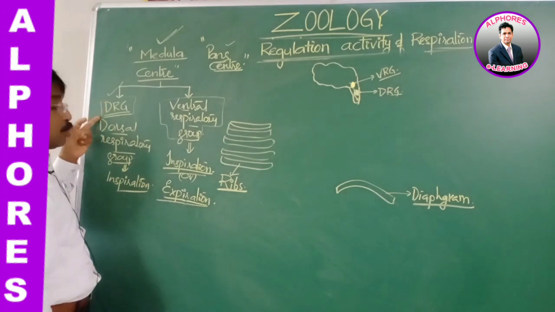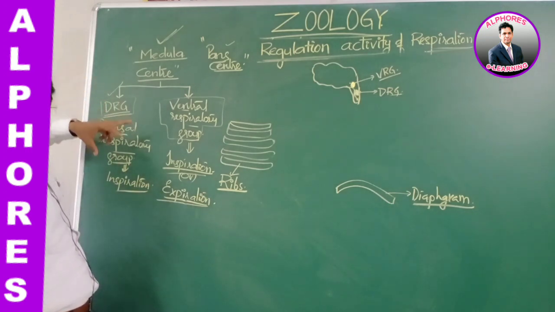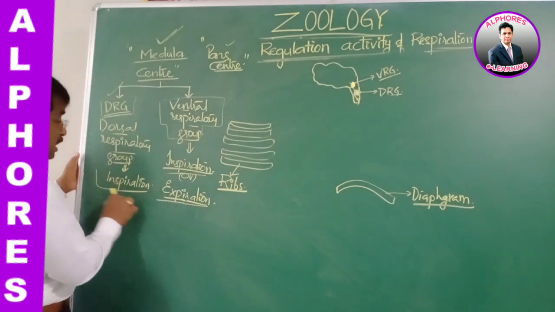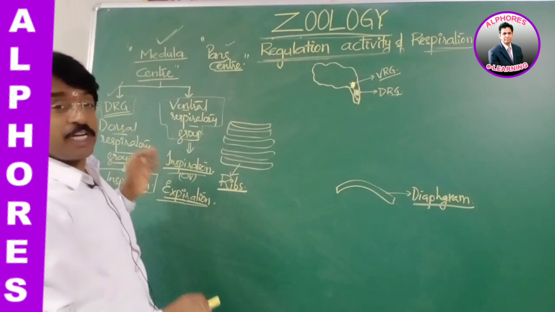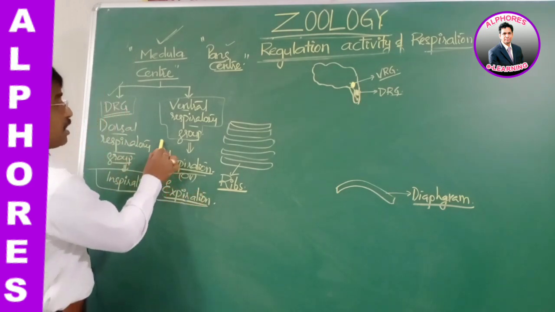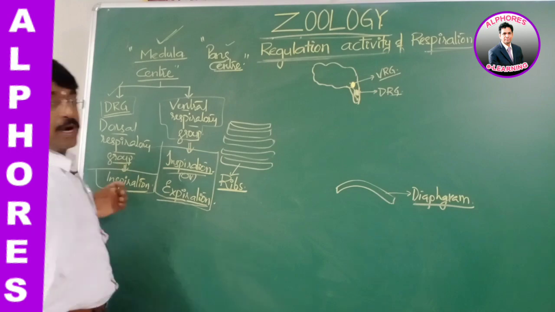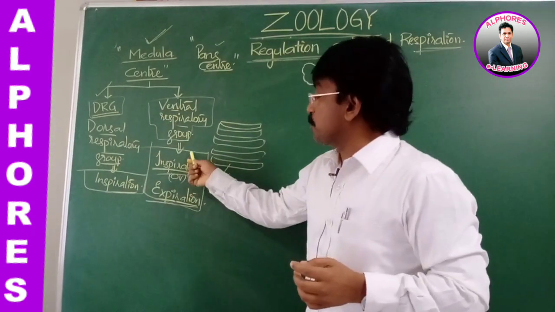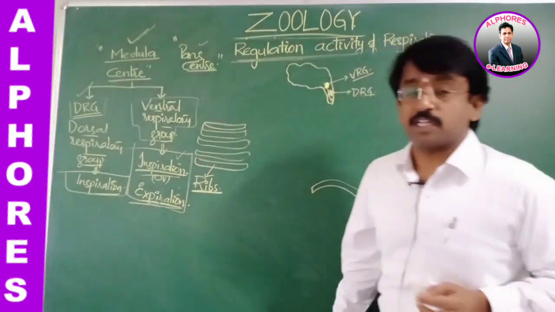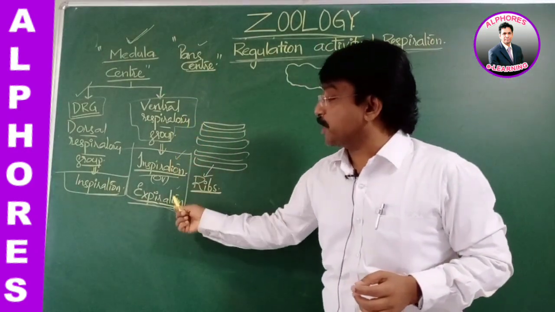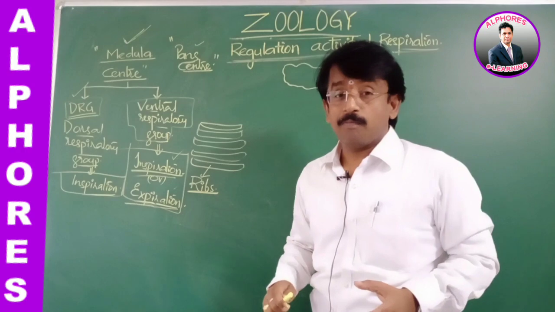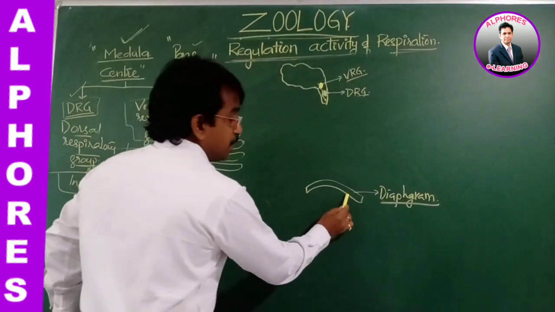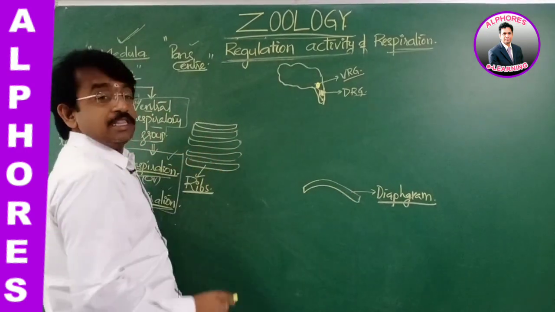The dorsal respiratory group is present on the dorsal side of the medulla oblongata and it causes inspiration. Whereas the ventral respiratory group is present on the ventral side, which is for both inspiration and expiration. How? That is the stimulation of the diaphragm and the ribs.